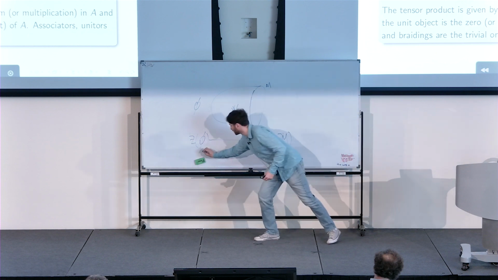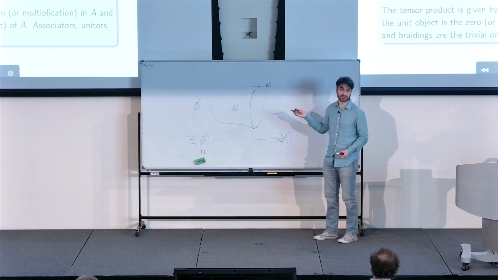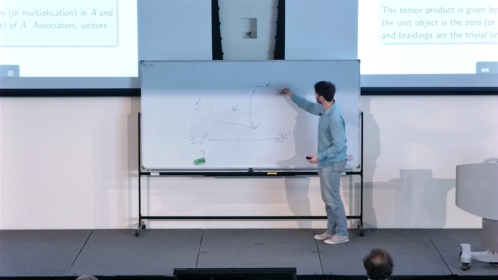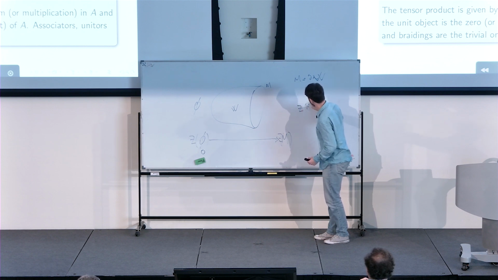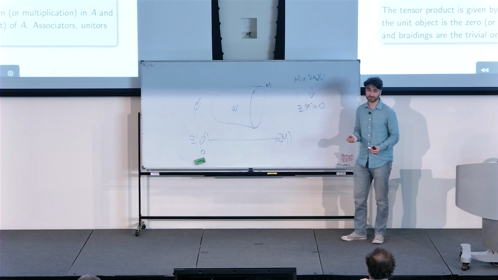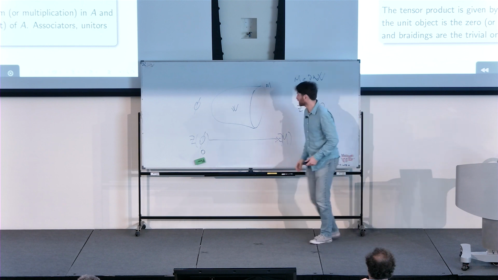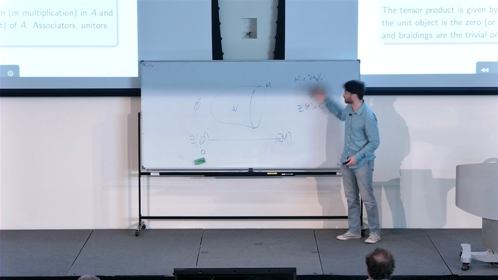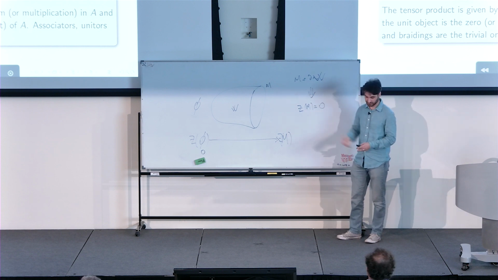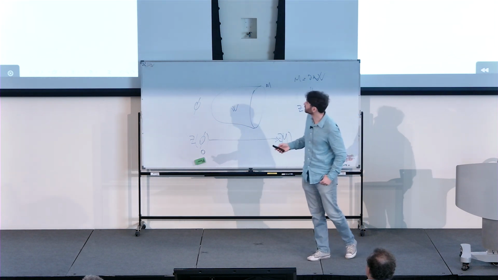So this is a map from 0 to this element. But the only morphisms are the identities. So this condition says that if M is the boundary of W, then Z of M is 0. So this is functoriality, essentially, while monoidality just says that disjoint union goes to the tensor product in A, so just to the sum.